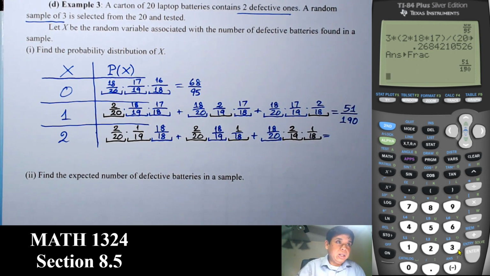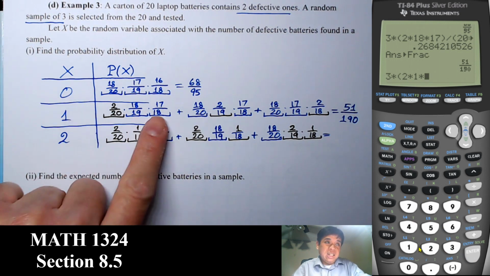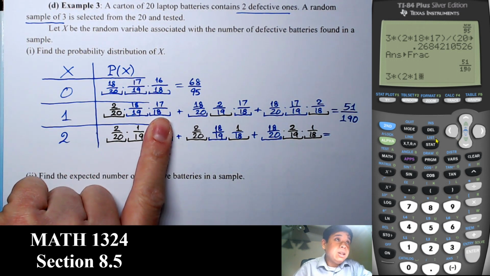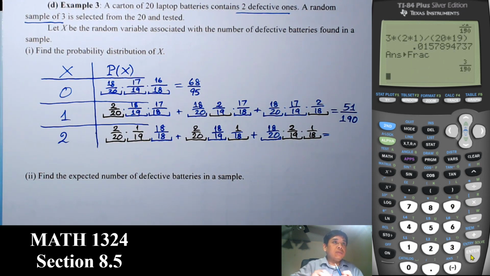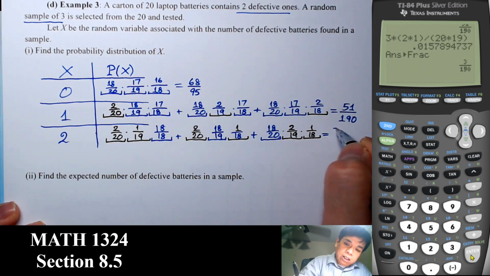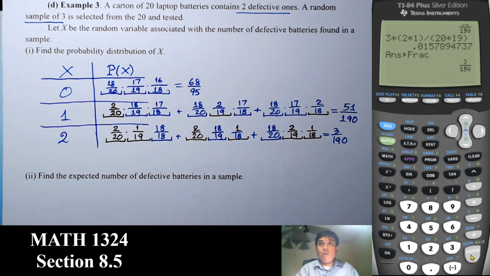So pretty much we have 3 of them. 2 times 1. Of course, 18 and 18 cancel out, so we just have that on the top and the bottom 20 times 19. And that converts to the fraction 3 over 190. Right, so that is the probability distribution.